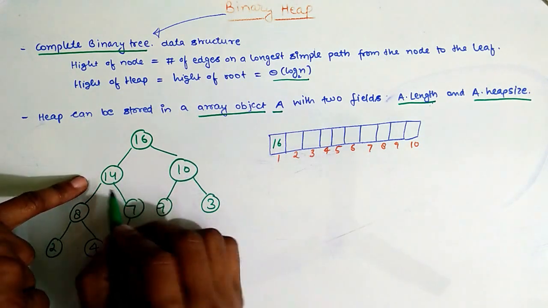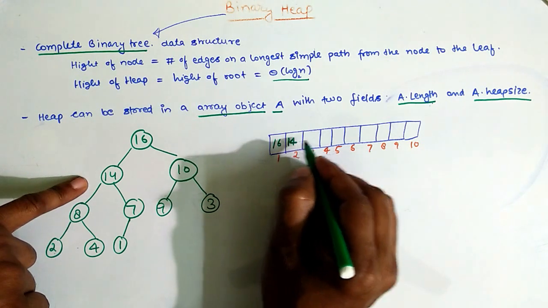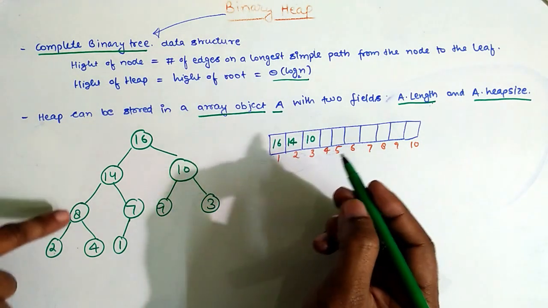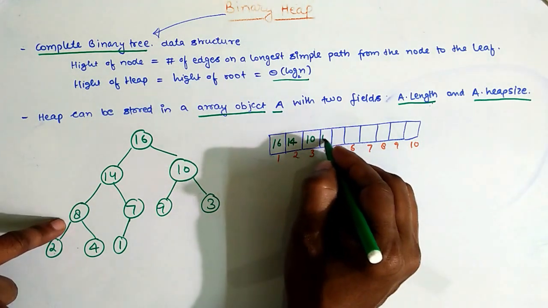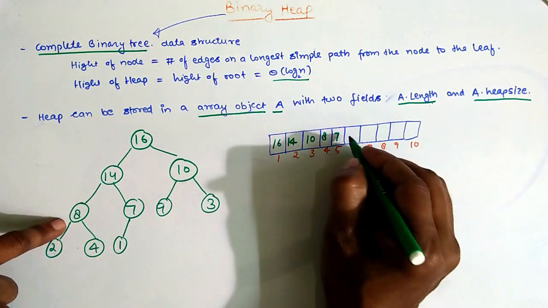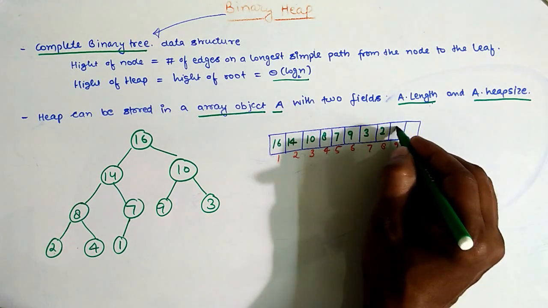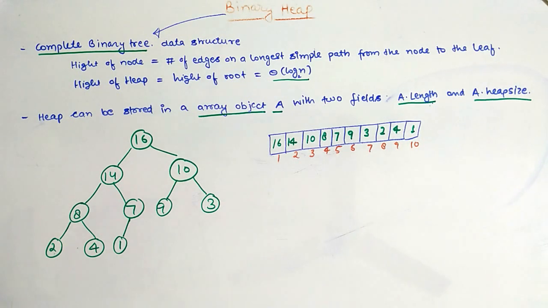Then the elements at the second level, so we store 14, then 10. Then we store the elements at the third level, 8, 7. So top to bottom, left to right, we just write the elements 8, 7, 9, 3, then 2, 4, 1. Okay, so this is how we store the elements.